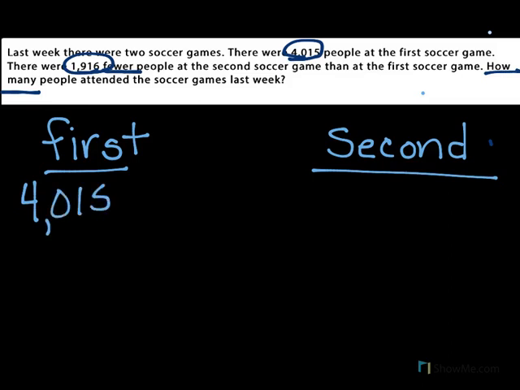4,015 people showed up. I know the second one, there were 1,916 fewer people. So I need to figure out how many people were at the second soccer game. I'm going to have to subtract because fewer means subtract.